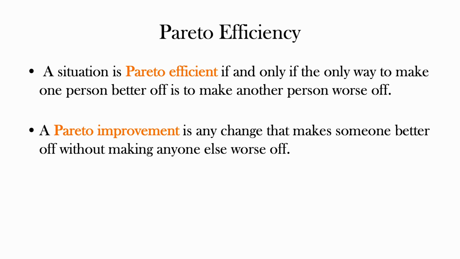And so any win-wins possible have been exhausted. You are at the frontier or at the maximum point of efficiency that can be created in this fashion, and this is called Pareto efficiency. A Pareto improvement is any change that makes someone better off without making anyone else worse off.